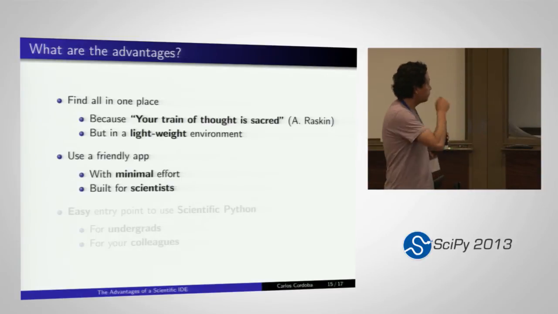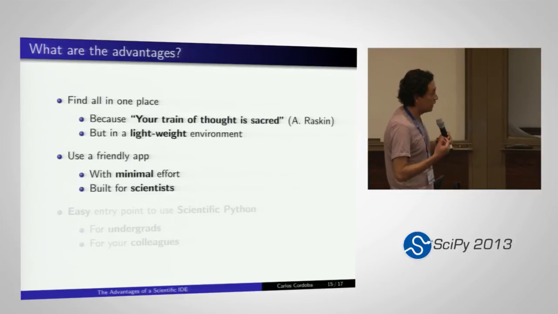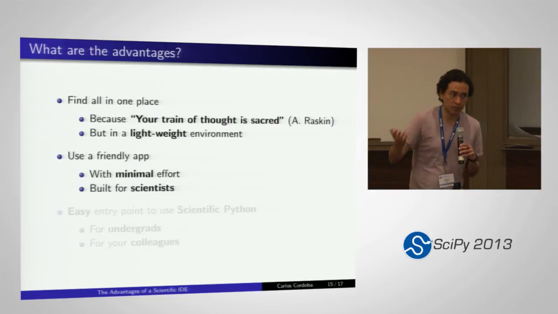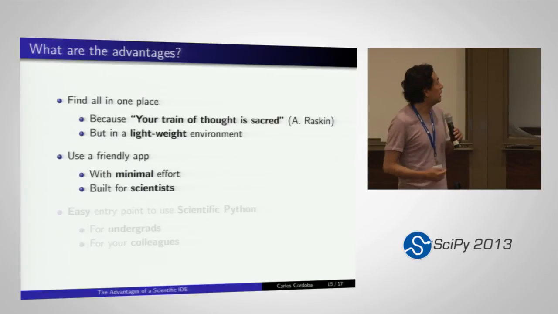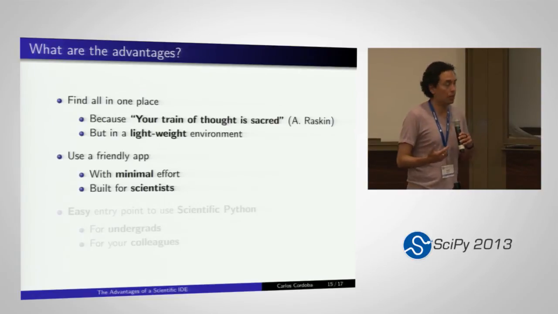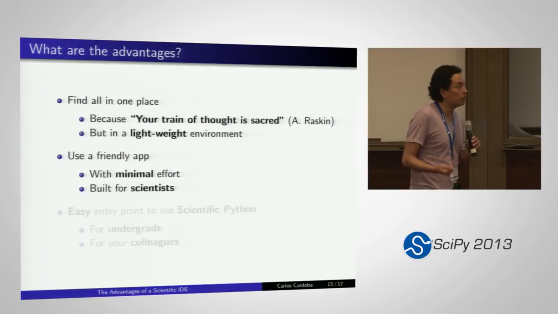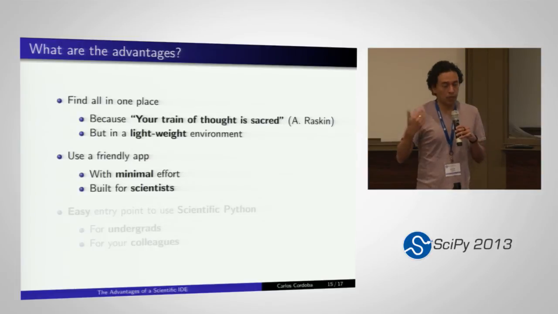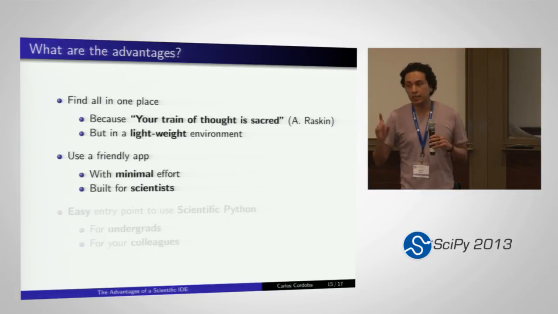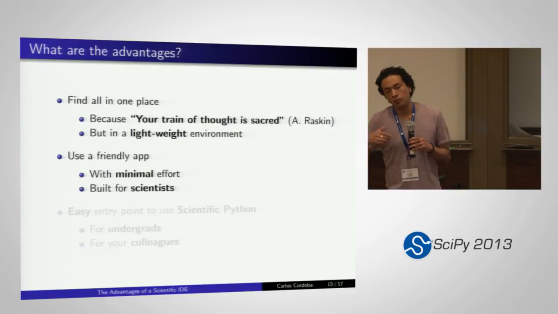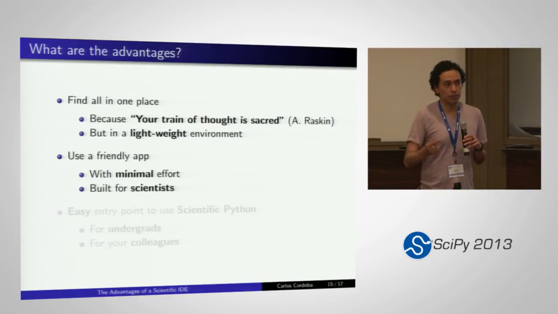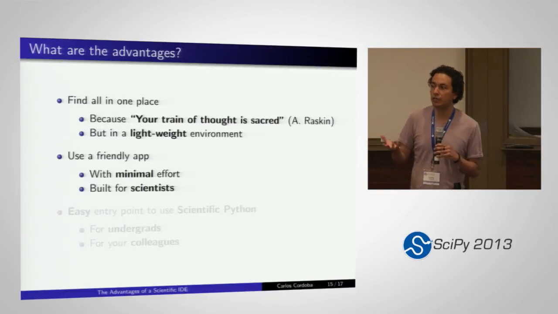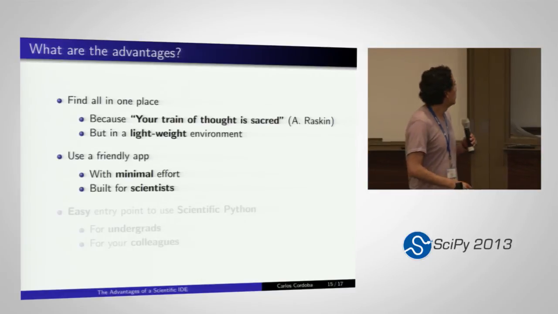The other thing is to use a friendly app. For people that come from Matlab, from Mathematica, even from R, sometimes it's hard to start with the language. It would be better to have a friendly app that requires minimal effort to get started with, and especially that is built for scientists, because most IDEs are developed for professional developers and have more things that the scientist doesn't need.